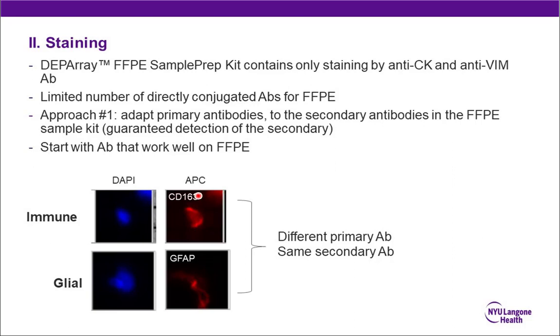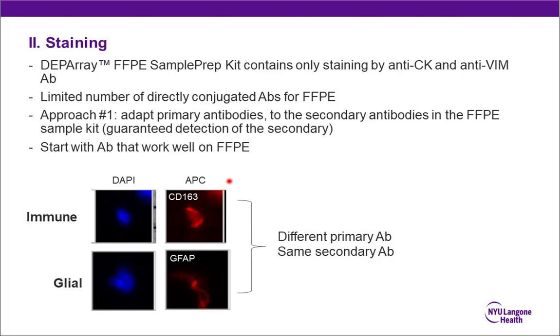And here's an example of an adapted CD163 antibody and a GFAP antibody that, in the same APC channel that is originally designed for vimentin, we were able to use to detect microglia and astrocytes. I would recommend, from the practical perspective, to start with antibodies that work well on FFPE and then work from there.